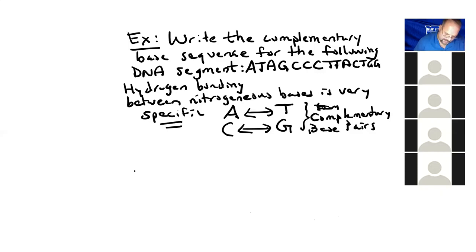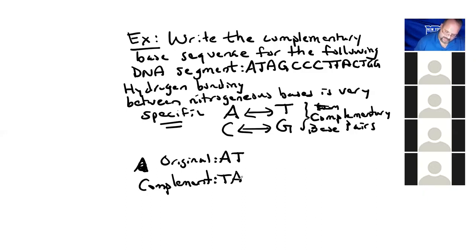We'll do the original on the top, the complement on the bottom. If the original has adenine, your complement is going to have thymine. If your original has thymine, your complement is going to have adenine. Then adenine again gives us thymine.